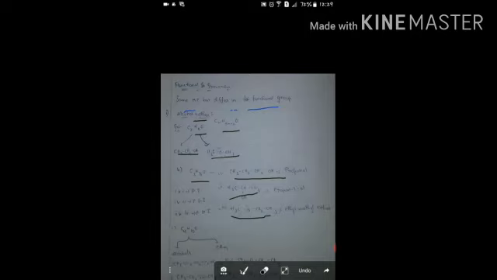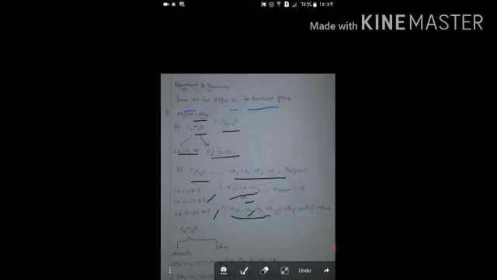If we observe the first and third structures, we see functional group isomerism, and the second and third structures also show functional group isomerism. The second structure has alcohol and the third has ether.